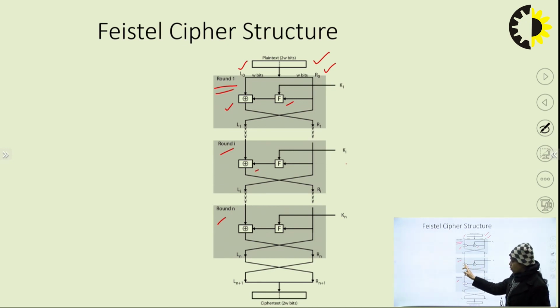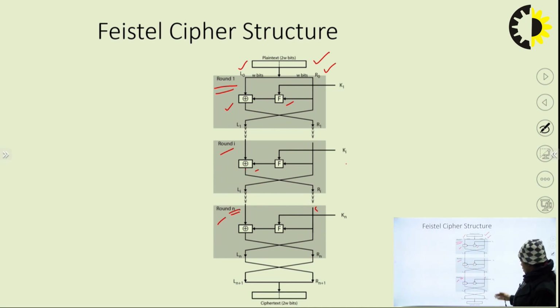After the XOR operation on these two bits, the left one and the processed right one, the output will again act as the input to the next round. So the output of the first round will act as the input to the next round, and in the same way we keep on repeating the rounds. Here we are not defining the number of rounds, we can increase or decrease the number whenever we want.